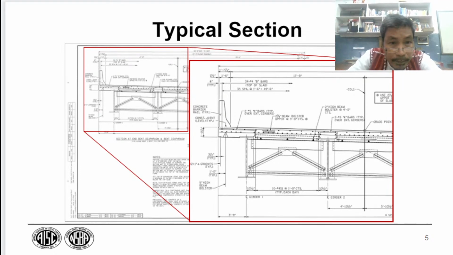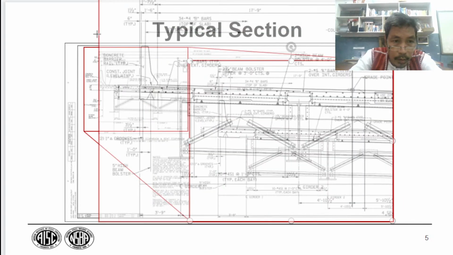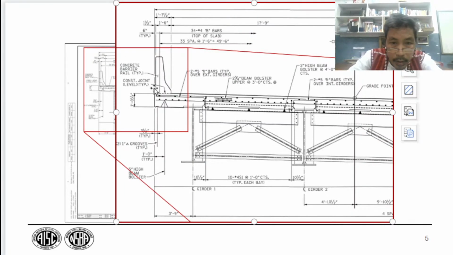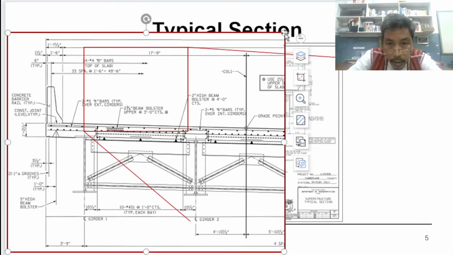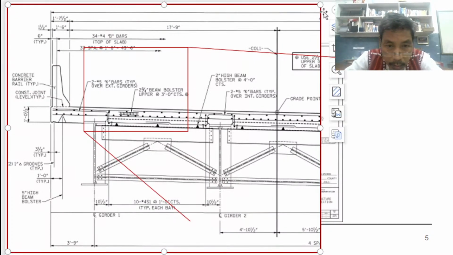So let us make this slide bigger. Okay, so it's now a little bit bigger.